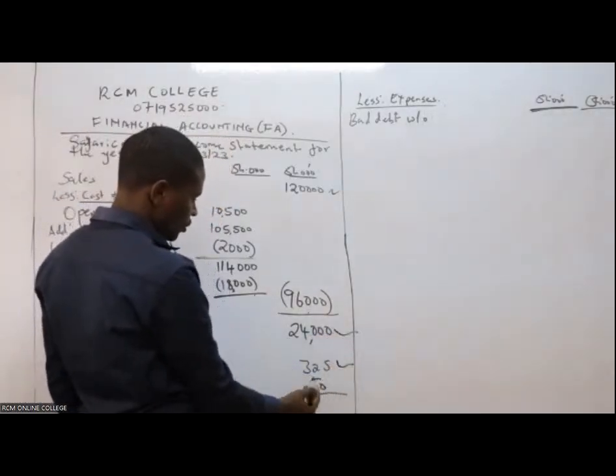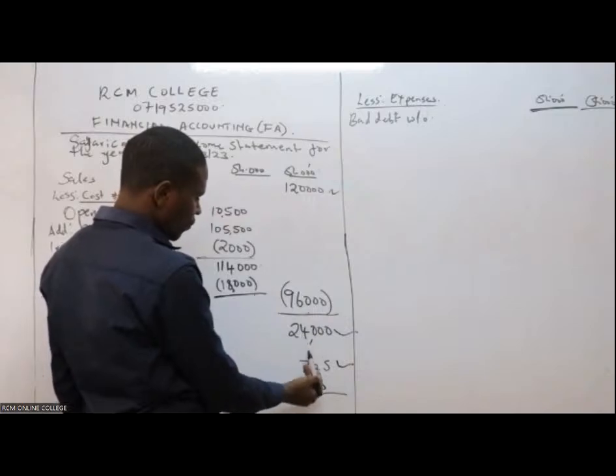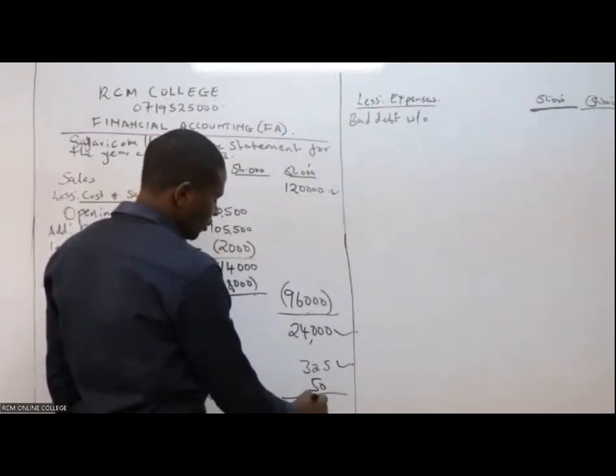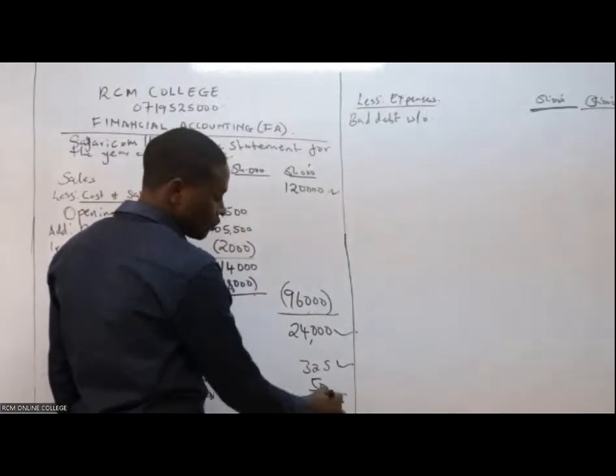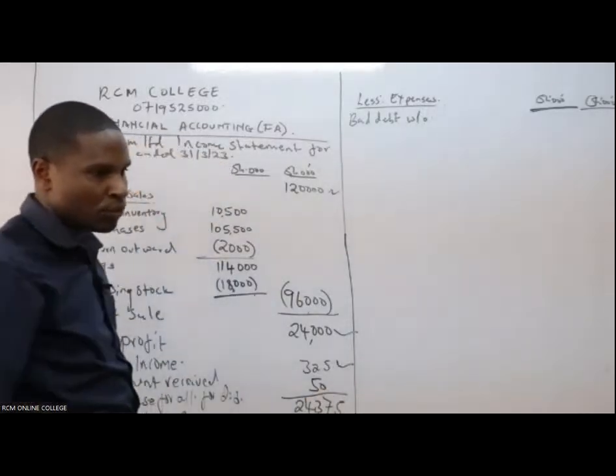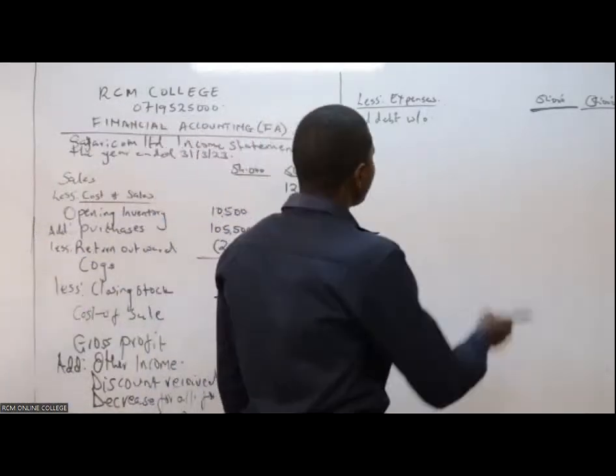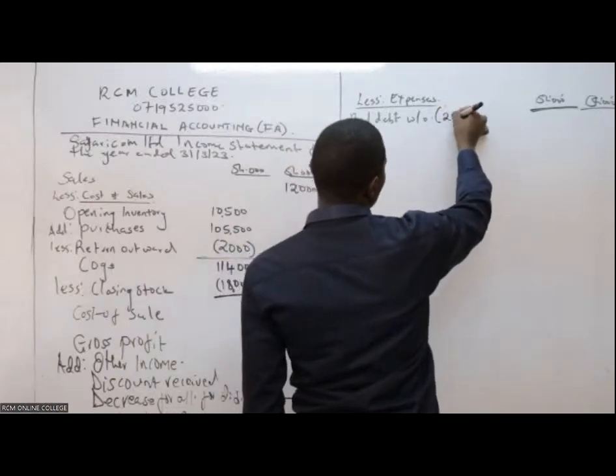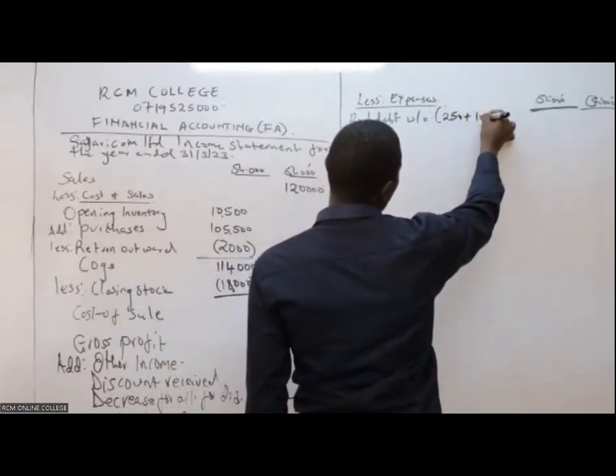It will be 23, I can just add this, 24,375. So bad debt written off, we had the 250 for that month plus what we had.